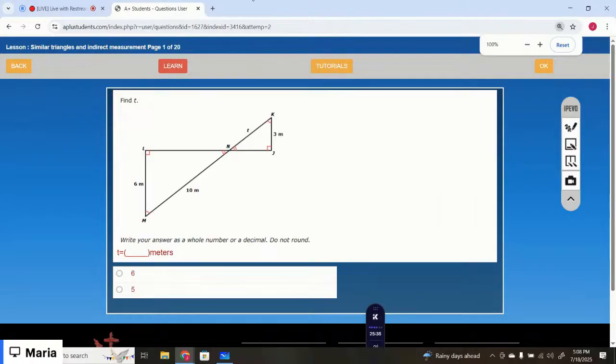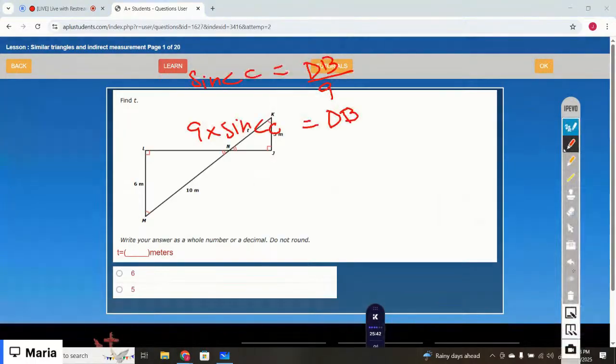Okay, find the side length of T. So we need to find that T, right? The triangles are similar, so we need to form a proportion. LM is similar to KJ and MN is similar to NK. We need to find the corresponding ratio.